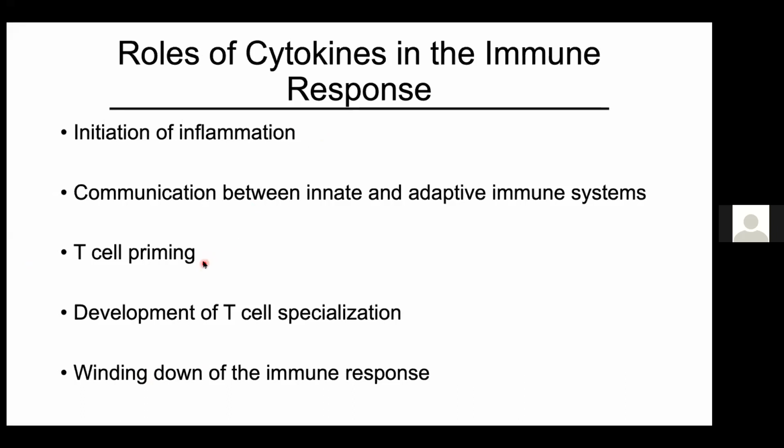Then you have T cell priming, okay? So activation of your T cell or differentiation of your T cell. So that will be development of T cell specialization. So those would be the polarizing cytokines. And then, of course, winding down of the immune response. So this is where you have your inhibitory or anti-inflammatory cytokines playing a role.